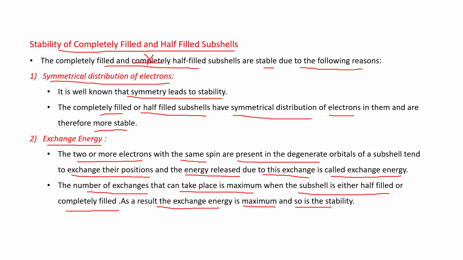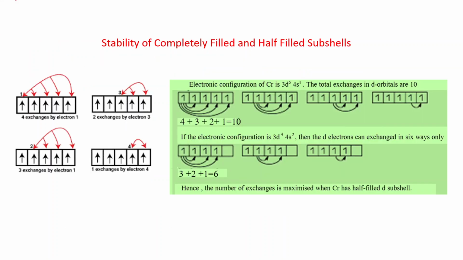Now, what is the meaning of this exchange? We can see. Say this is the half filled electronic configuration. This is the first electron. This electron can exchange its position with this one, or this one, or this one, or this one. So this one electron can exchange its position with 4 electrons. That's why it has 4 exchanges.